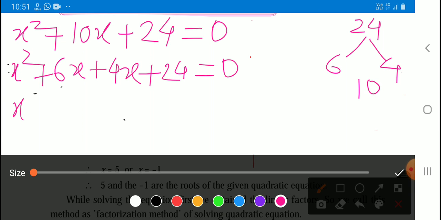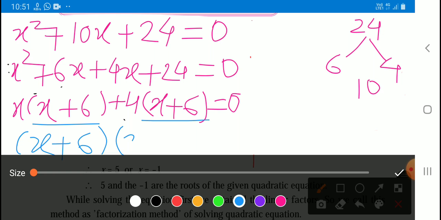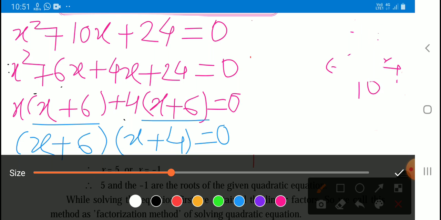Now look here, x is common, then x plus 6; and 4 is common in the other bracket, x plus 6. So x plus 6 is repeated two times, so we write it one time only. The factors are x plus 6, another bracket, x plus 4 is equal to 0. Now I will rub this because I want to write the next steps.